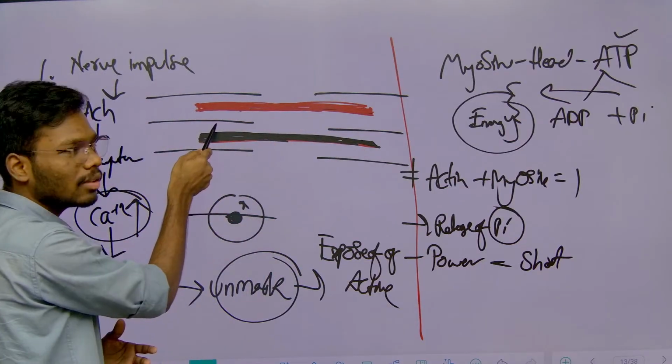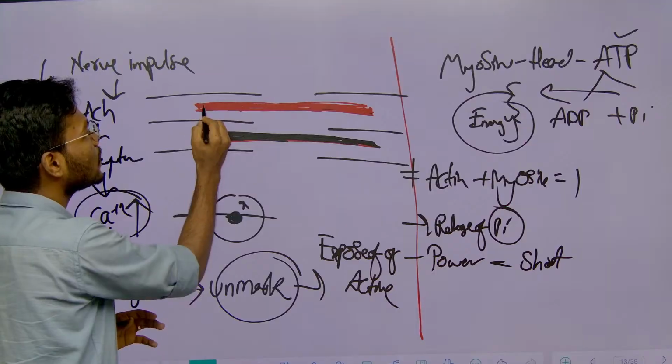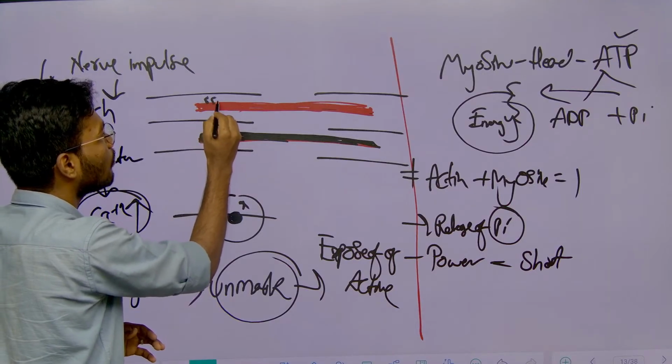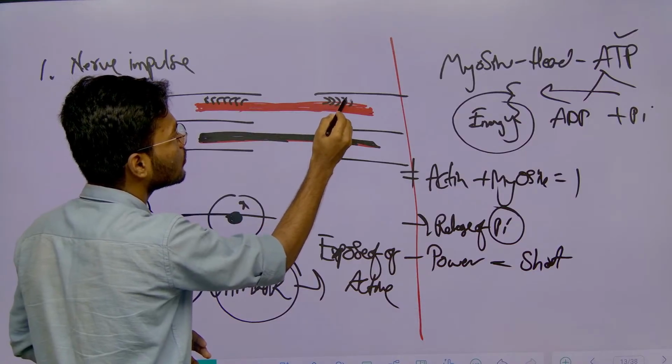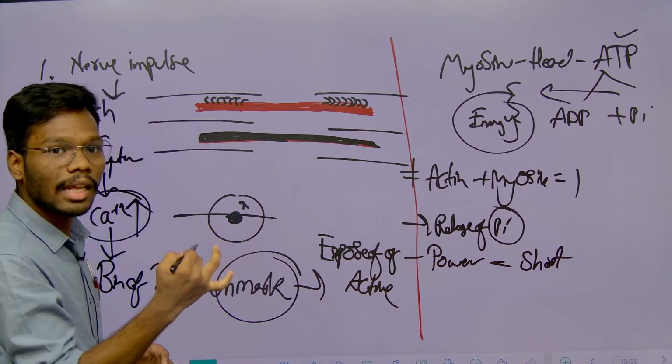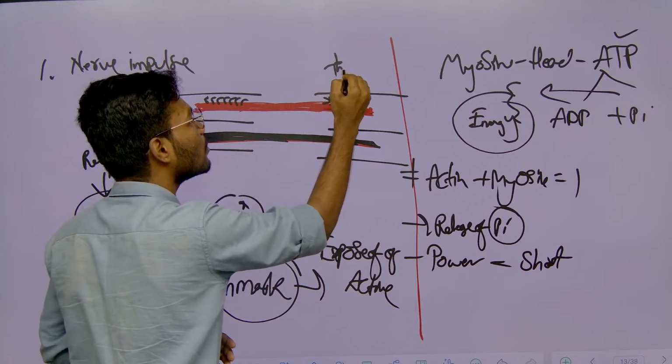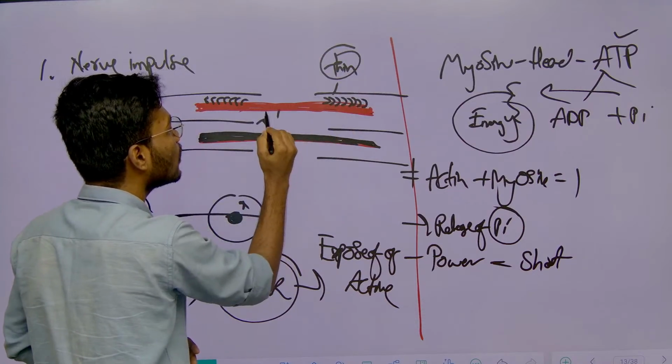And these are thin filaments. Whenever a power stroke happens like this, there is a sliding of thin filaments over thick filaments.